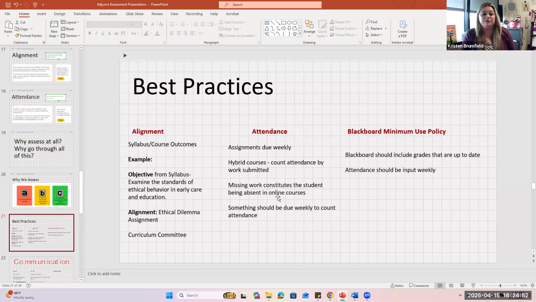And then something should be due weekly to count attendance. And there is a Blackboard minimum use policy that should include grades that are up to date, and attendance should be input weekly. And attendance at the beginning of the semester is highly important too, because then you get into the financial aid aspects and different things.